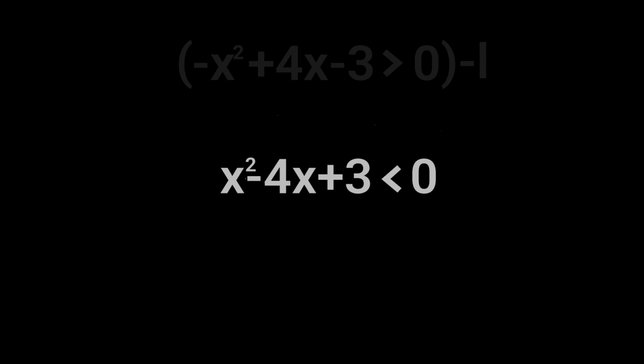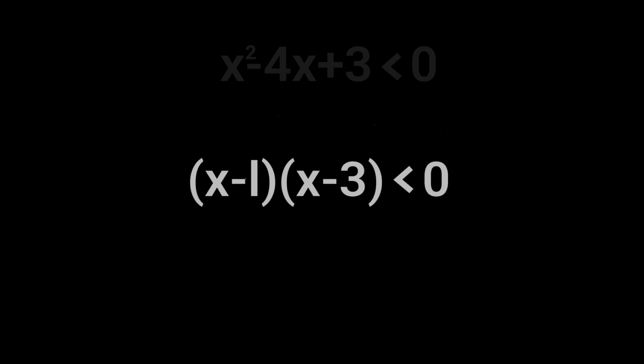So one thing we have to watch out for here is that whenever we multiply or divide by a negative number, the inequality sign flips. So that is what is going on here. Then I'm going to take the x squared minus 4x plus 3 and factor that. Once I factor, I have x minus 1, x minus 3.